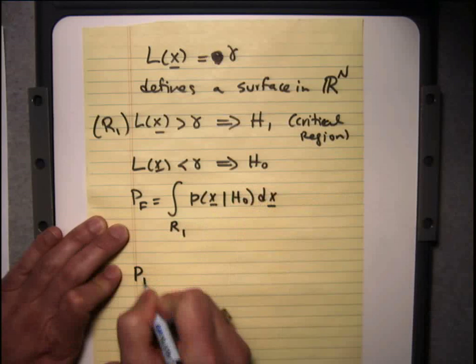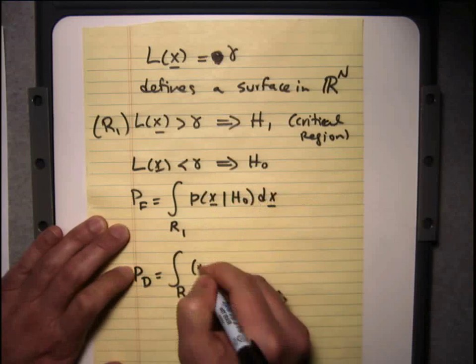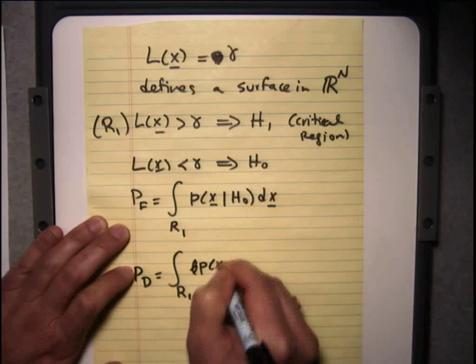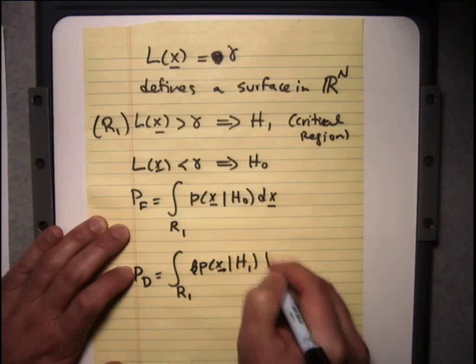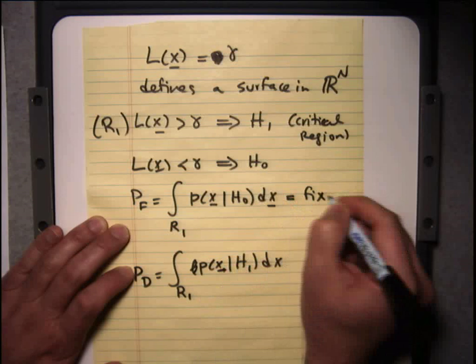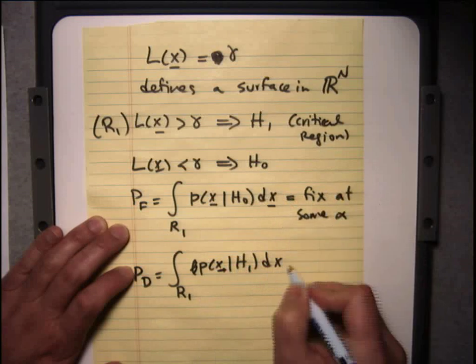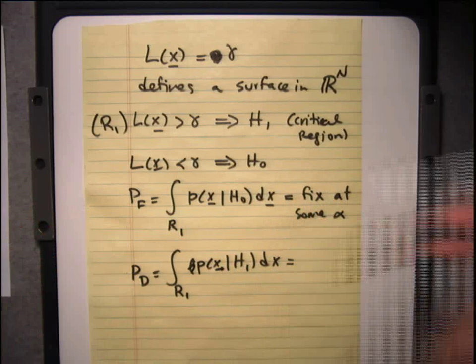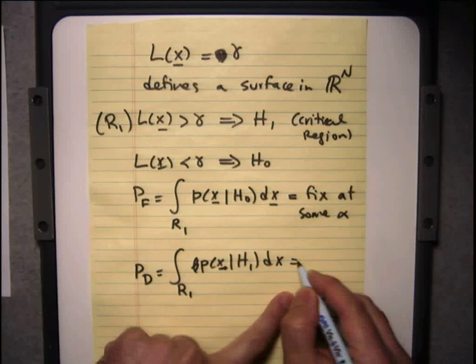And PD is the integral over R1 again, of the PDF of x given H1 dx. So what you do is you fix PF at some number alpha, which you're happy with, like in the fire alarm case it was 1 out of 100. And then you want to maximize PD.